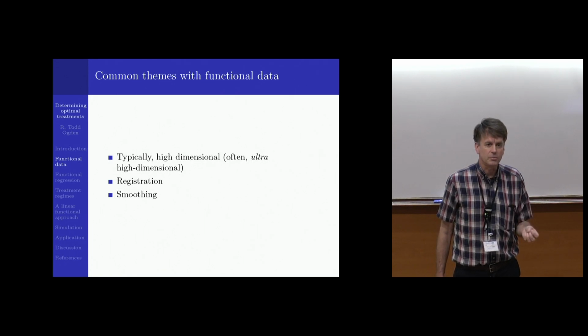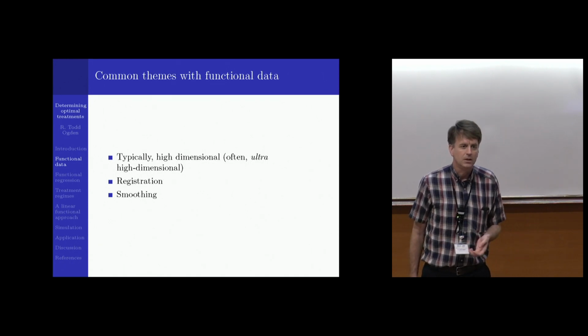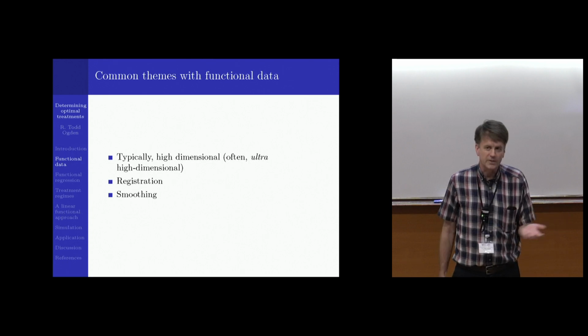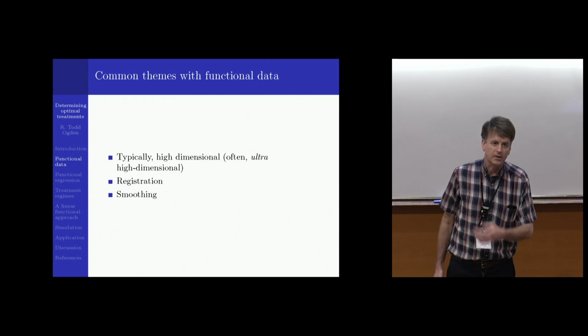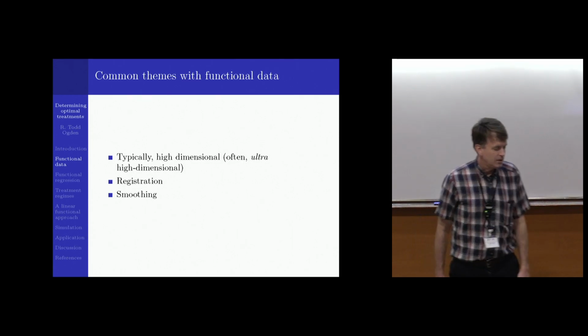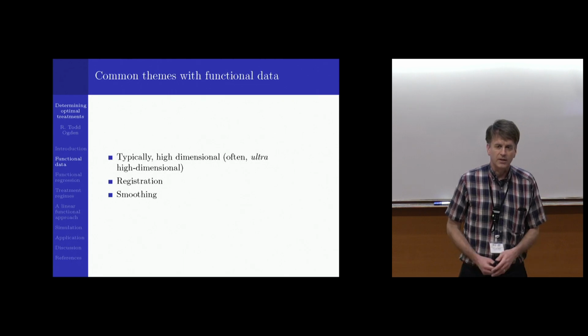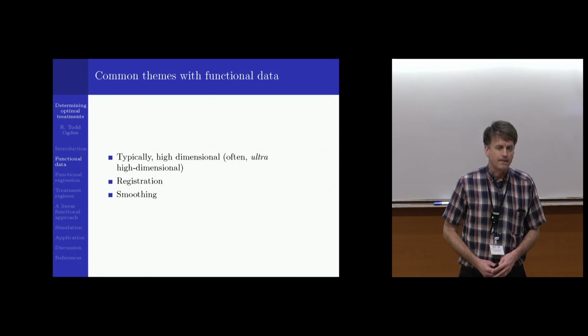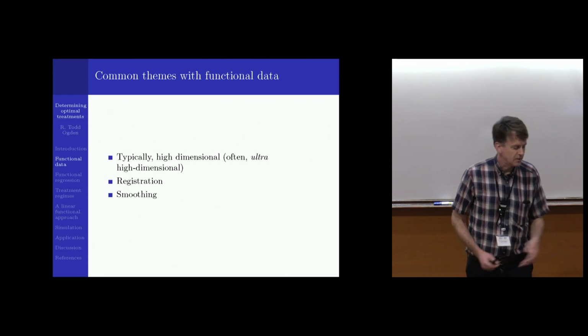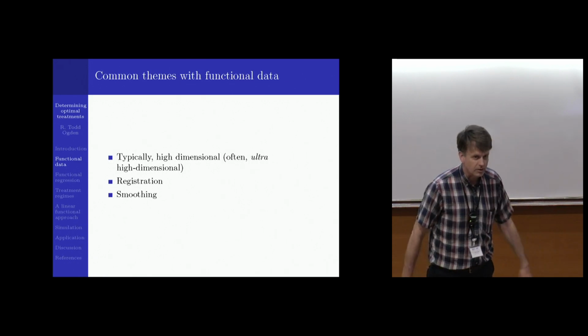You could have two people that have exactly the same activity patterns throughout the day, but one of them wakes up an hour later and goes to bed an hour later. It's exactly the same pattern. So in order to make sense of that, we really have to register these things ahead of time. And sometimes it's the registration that's really of interest anyway. Also smoothing. Functional data often comes with a lot of noise.